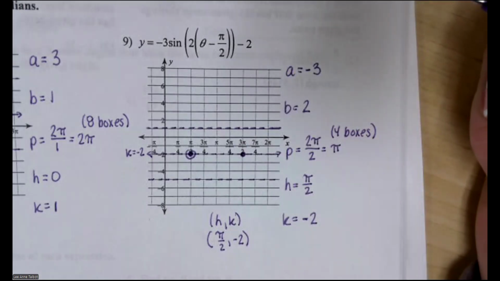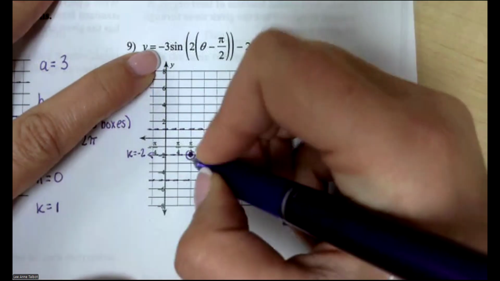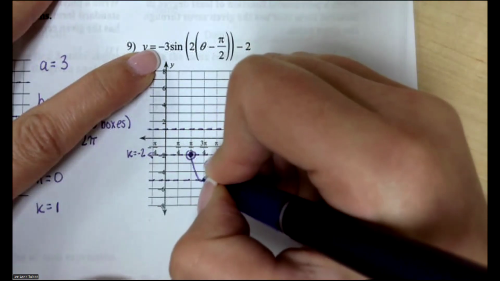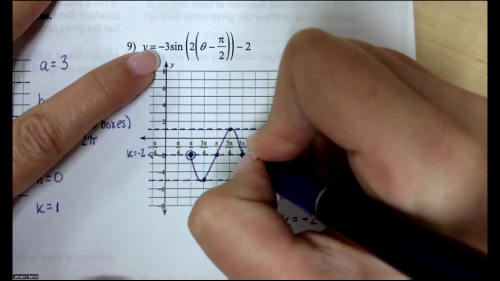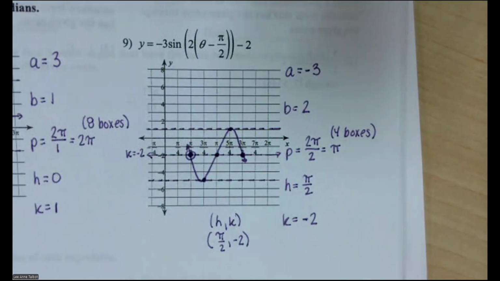I can just totally see myself making that mistake. But sine is negative in this problem. So you have to go down first and then up. I'm going to leave it like that so you can clearly see the shape of negative sine.